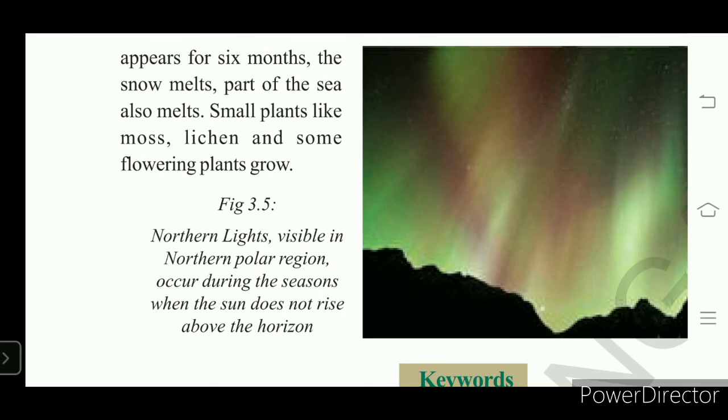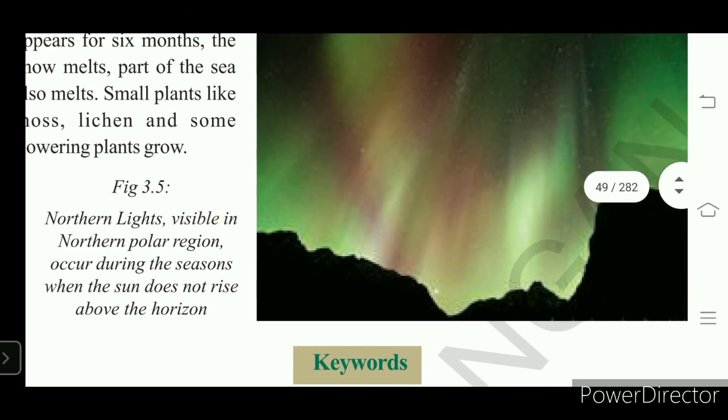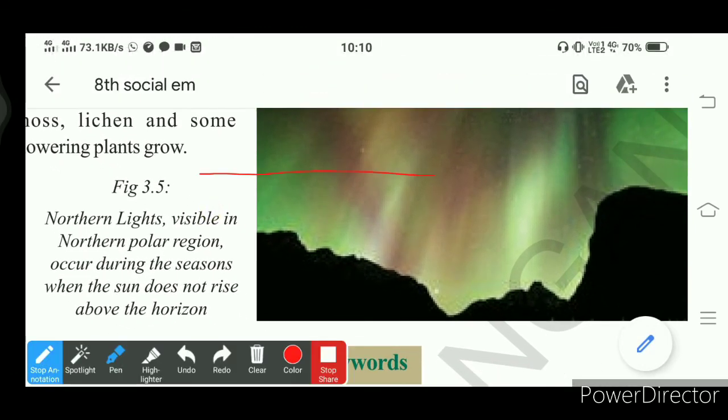When it comes to June 21st, then the North Pole is exposed to partial sunlight. Due to that, the regions will appear like this. Look at this figure, my dear students. What do you see here? How do we get the morning sunshine and evening sunset?